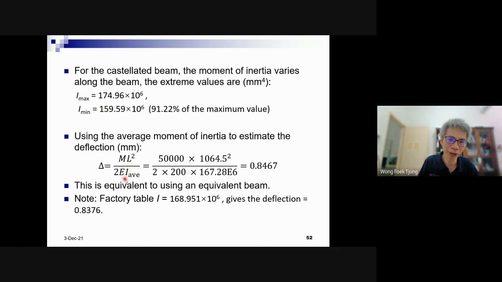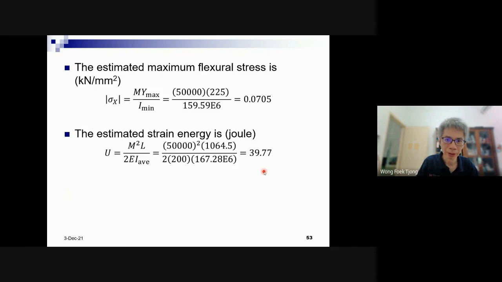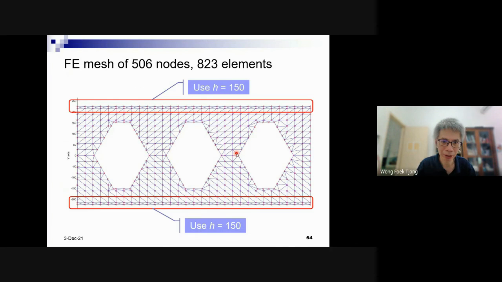Let's say how about if we use average? It means just this divided by 2, and then we get these results. Okay. The stress also we cannot use this formula actually, but if we use, this is the result. Okay. Let's compare. This is the mesh that I use to model the castellated beam.